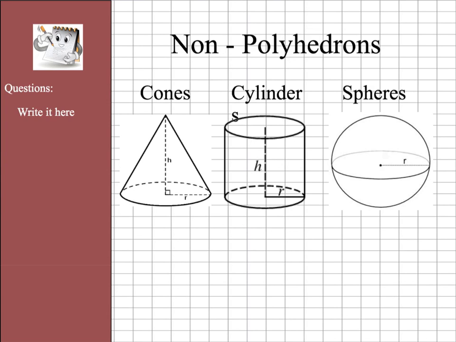For a cone, just like a pyramid, the point at the top is our apex. The circle at the bottom, or that is perpendicular to the height, that is our base. Okay. Our height is, of course, perpendicular to our base.